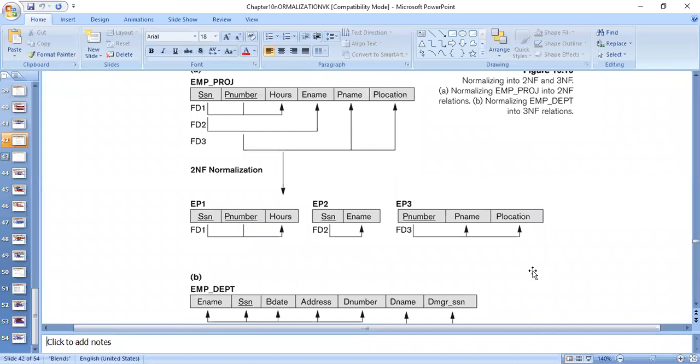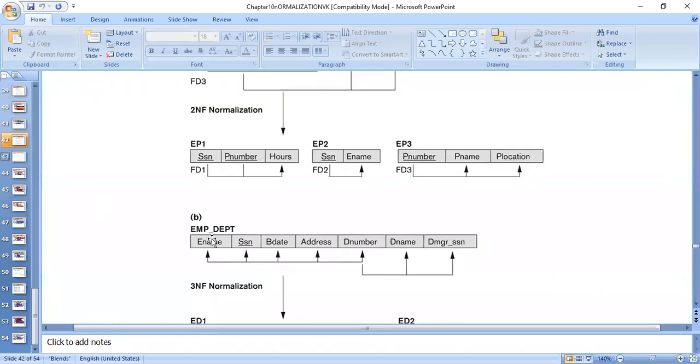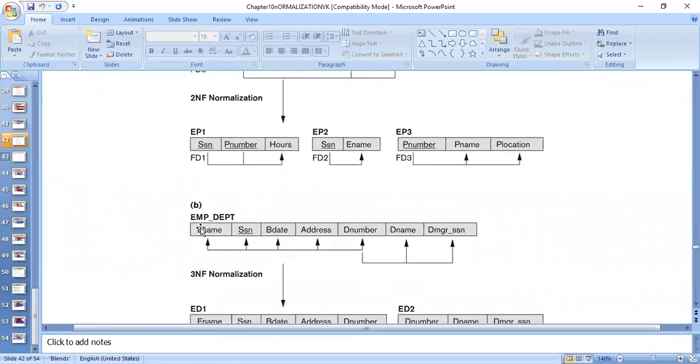What is the table? Bad table, employee department. So employee department is one table which is actually a bad table. It is not in third normal form, so we have to bring it into third normal form. Why is it not in third normal form?